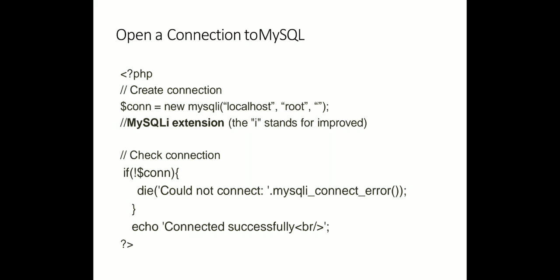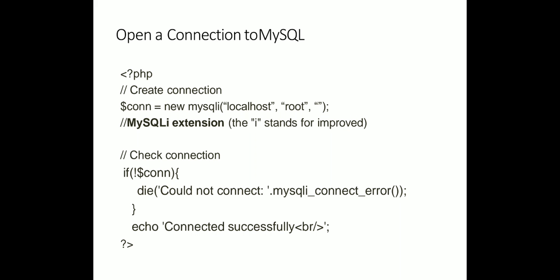like here I have used localhost and root. There are basically 5 parameters that include server, user, password, new link and client flag. We'll see whichever comes around in our program. Here I have used localhost and root. The localhost parameter is nothing but the server, the first parameter, the name of the host where the database server is running.